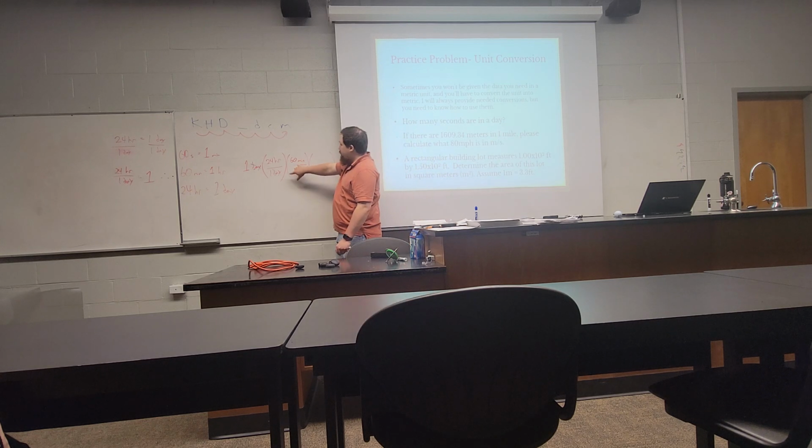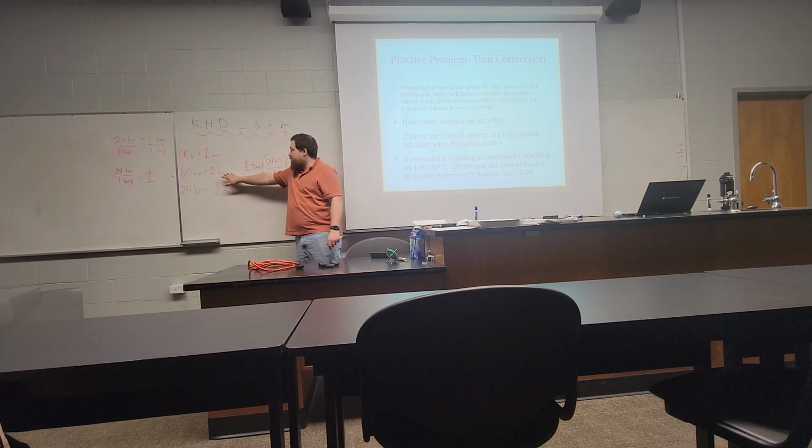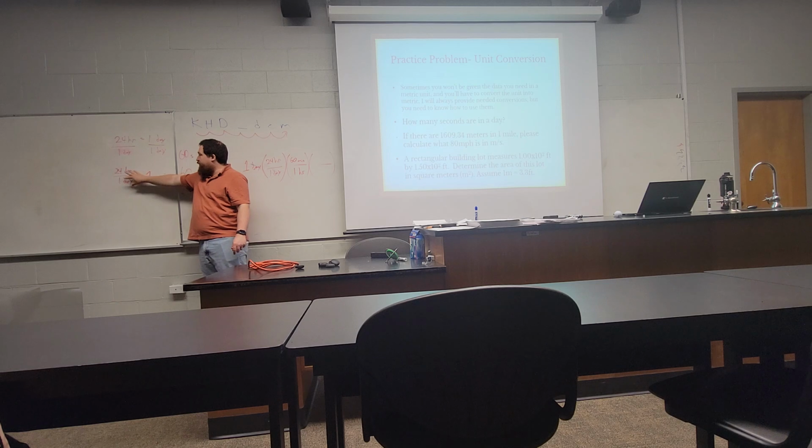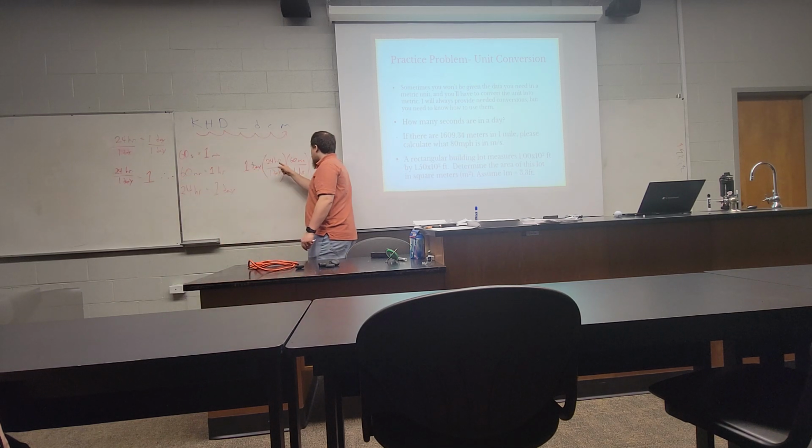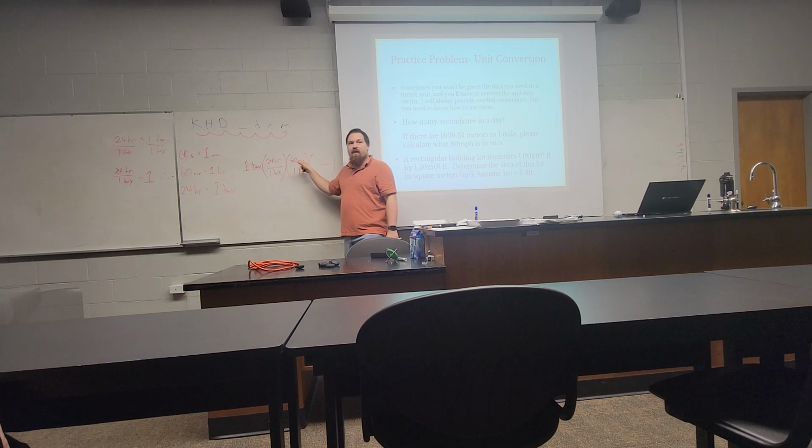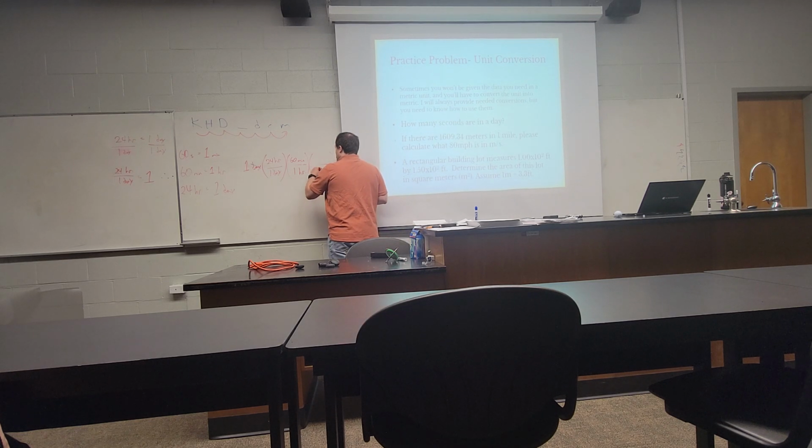So I'm taking this equivalency, turning it into this fraction, and plugging it in such a way that this hours cancels out the hours I already had, and I'm going to leave it with minutes in the numerator instead. And then I can go one step further and do the same thing with minutes to seconds.